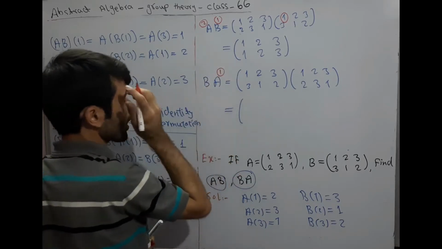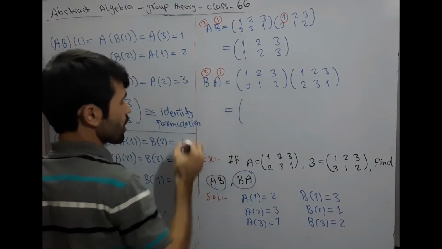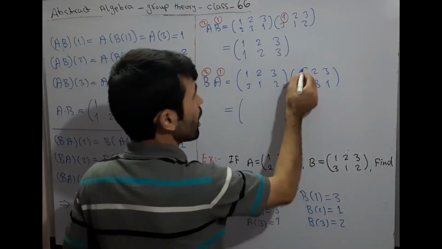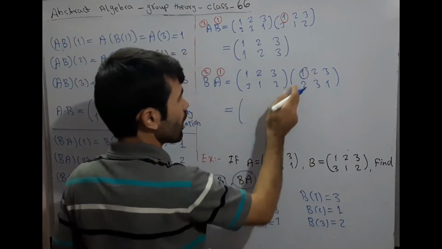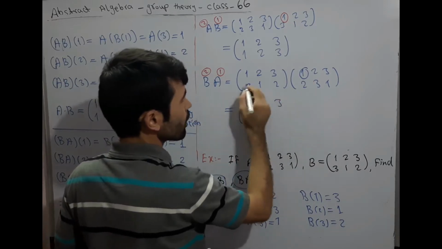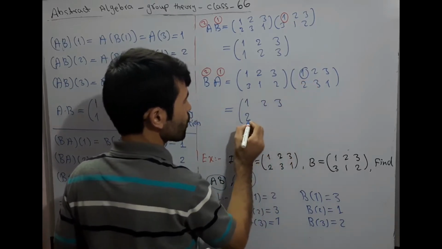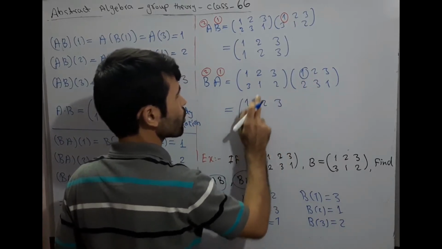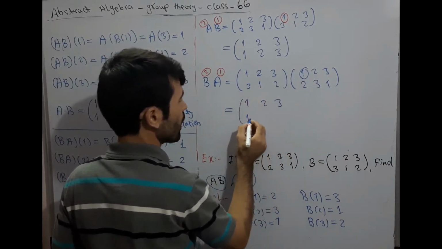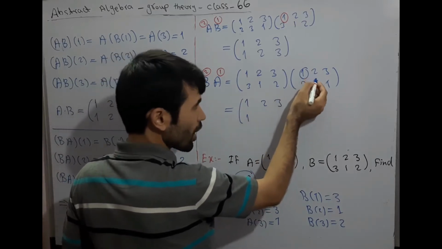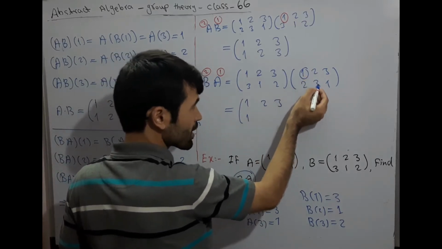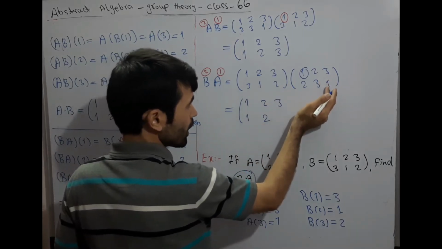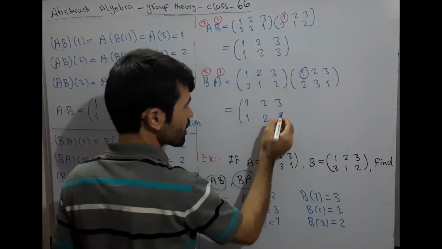Here a is the first set, b is the second set. Here we have 1, 2, 3. Under 1 we have 2. Under 2 we have 1. Here the image of 2 is 3. The image of 3 is 2. Here the image of 3 is 1. The image of 1 is 3.